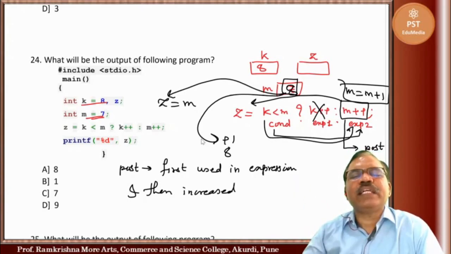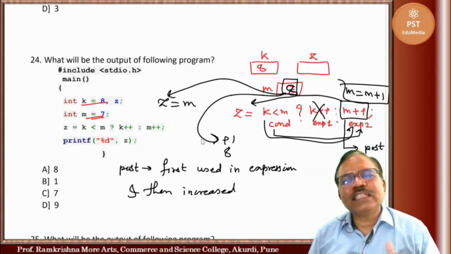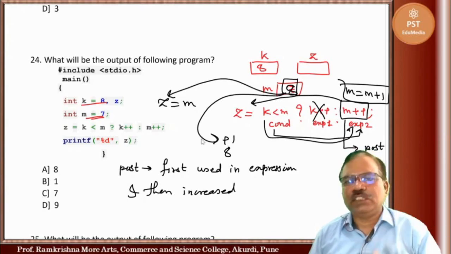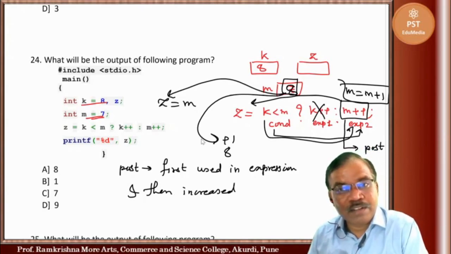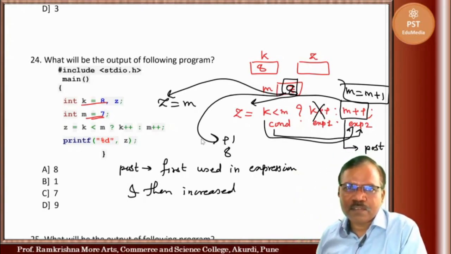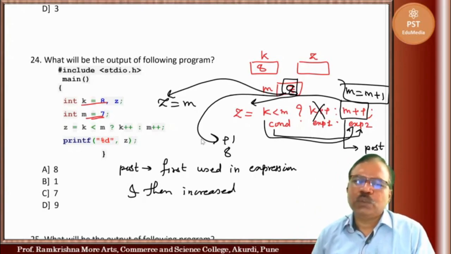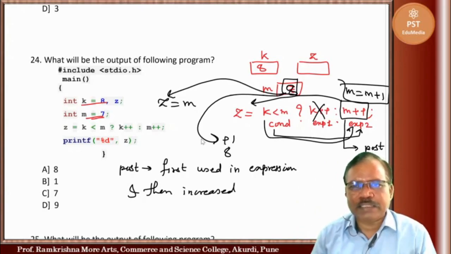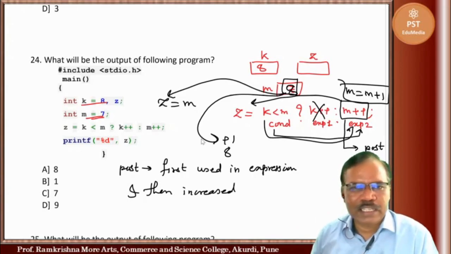After completion of the expression, then increase m by 1. So in such a case, the earlier value of m is used. But if you have plus plus m, then first increase m by 1 and then perform the expression. So the later value of m will be used. Is it clear?